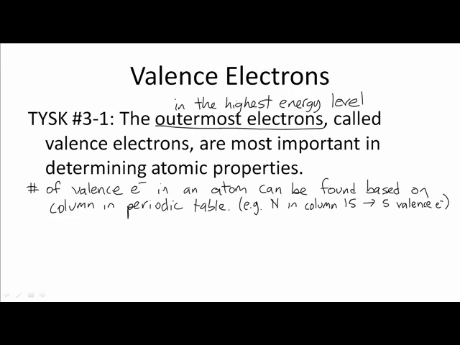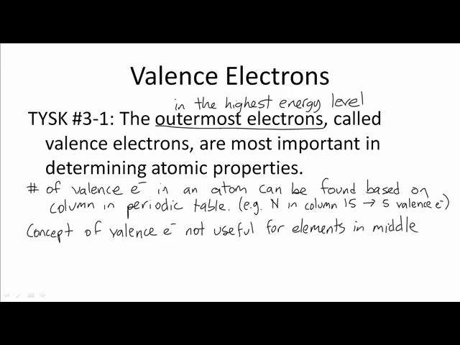One thing you want to know is that the concept of valence electrons is not really useful for elements in the middle. So we only use it for the S and P blocks.